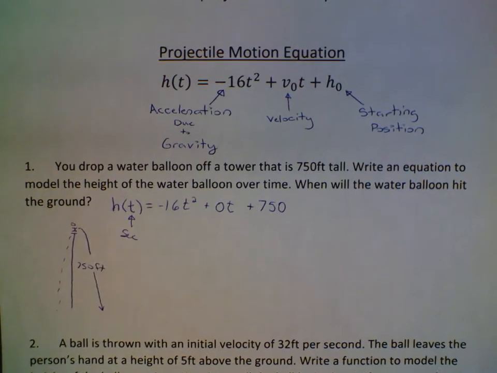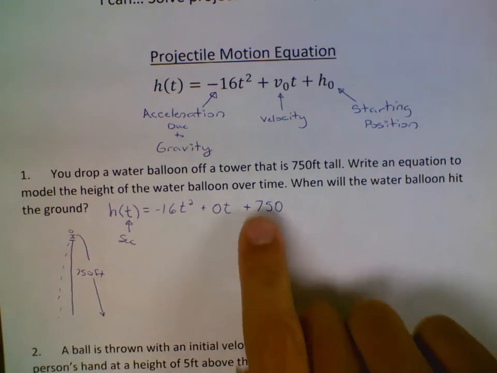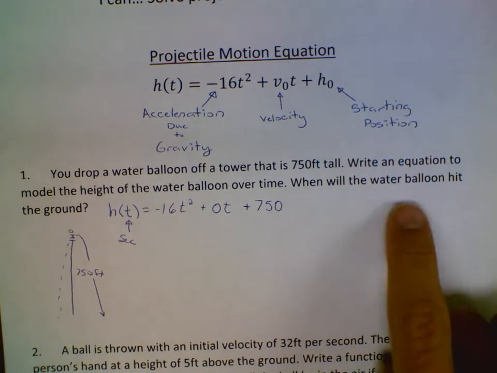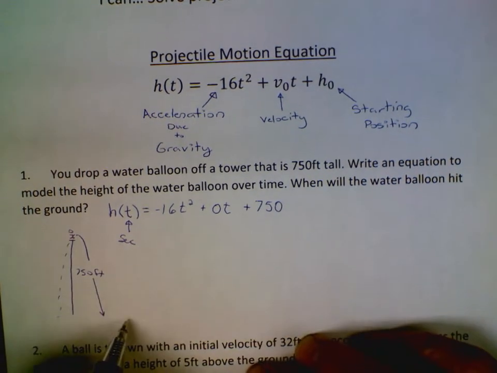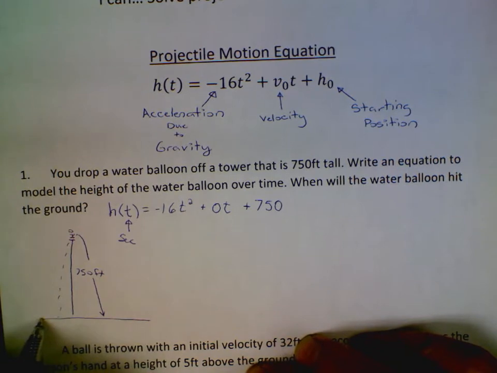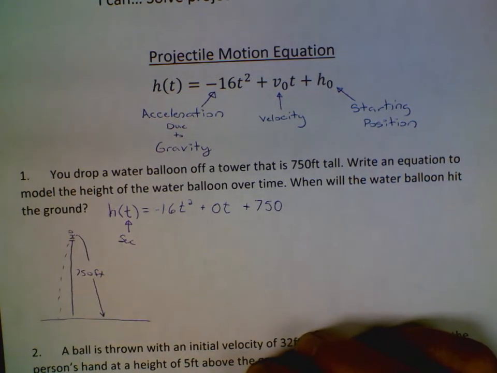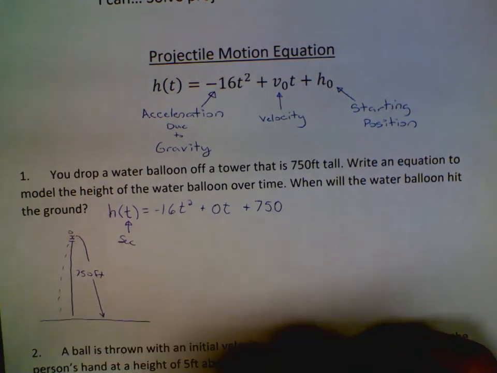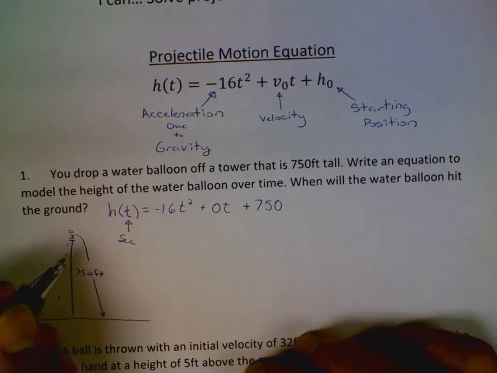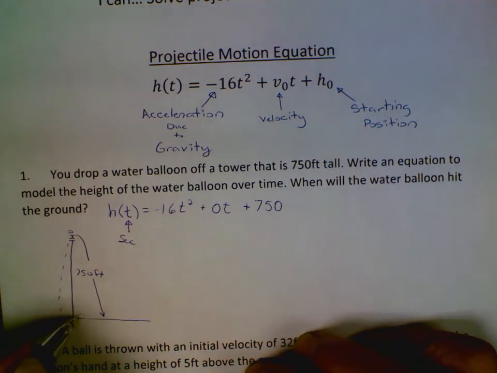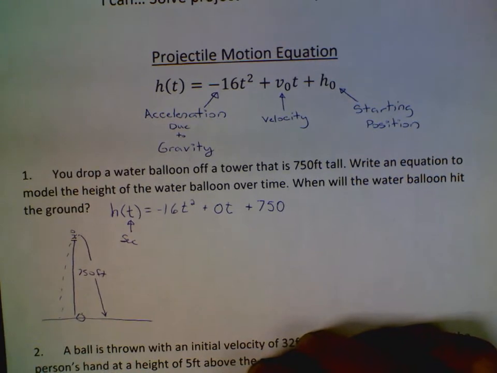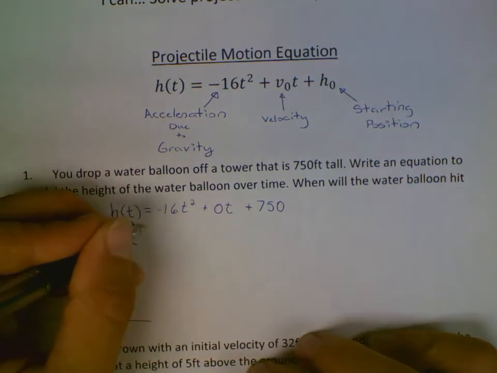All right. So let's use this equation that we just wrote to figure out when will the water balloon hit the ground. Now the trick here is understanding what it means by hitting the ground. So when an object hits the ground, it started at 750 feet up. When it hits the ground, it's at a height of 0, right? So what we need to do is plug in for our height.